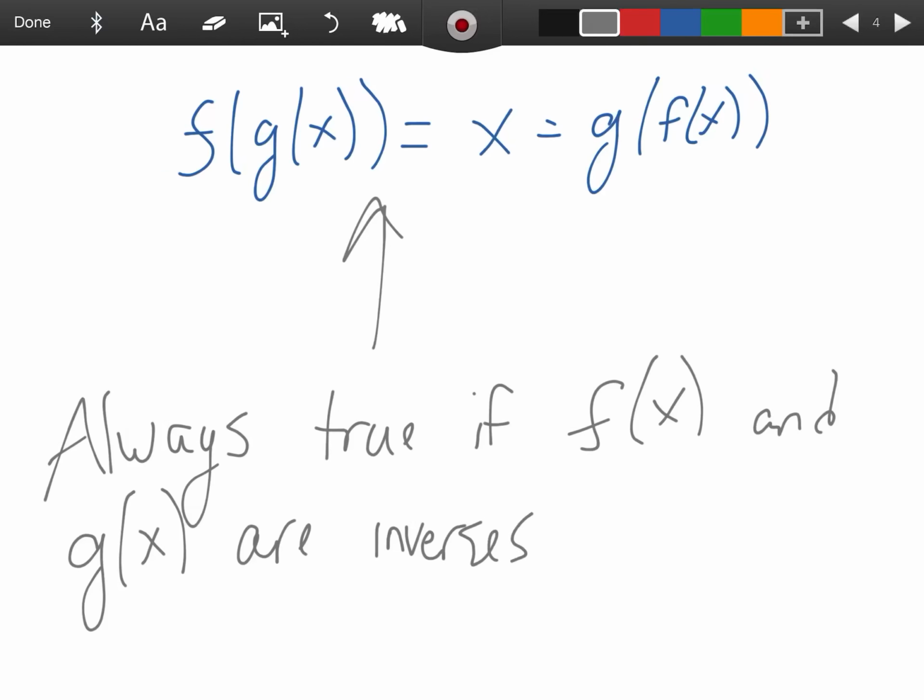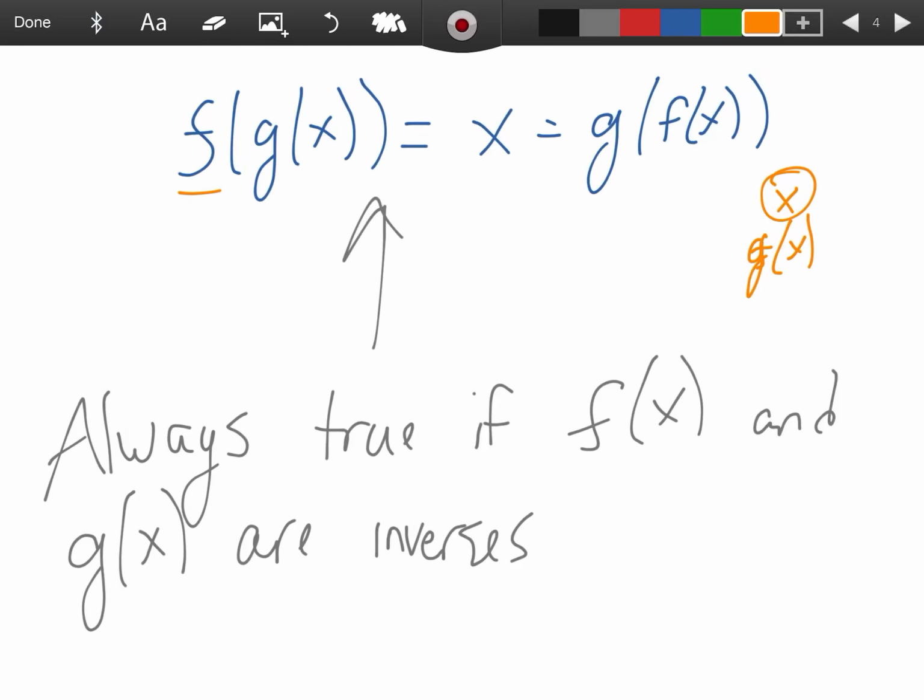Let's think about why. When we think back to our loose definition of inverses, we said that they were two functions that undid one another. So let's say that we start with some value, just x, and you plug it in. For this example, we'll say we get out g of x.